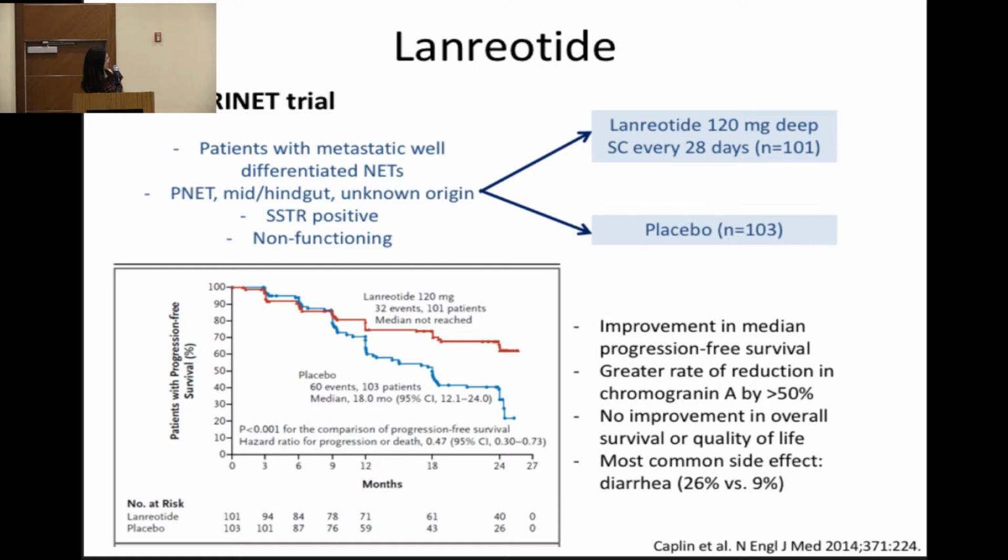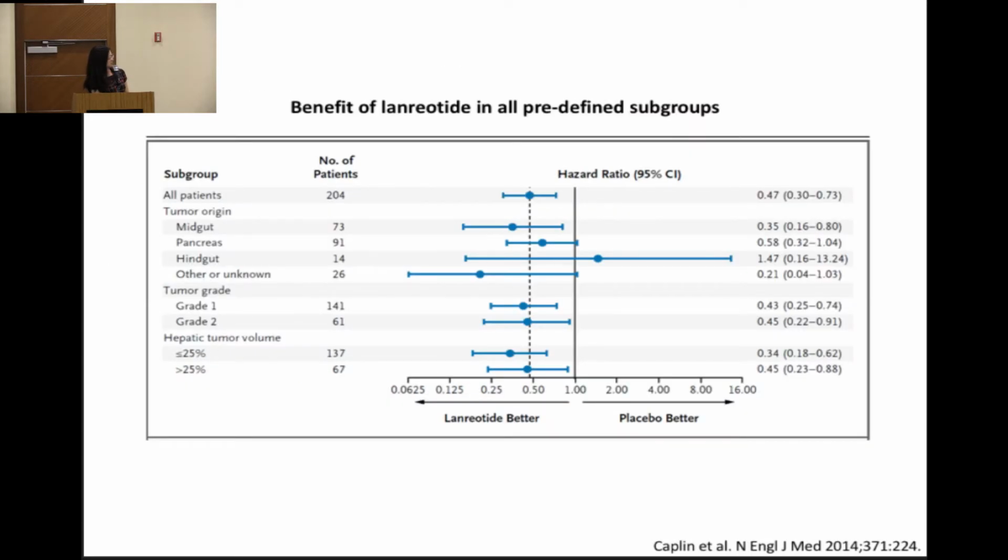The top curve is the experimental arm, patients who received lanreotide, and the bottom curve is the placebo arm. So separation in progression-free survival means there was benefit in the experimental arm. This also illustrates that lanreotide had benefit in all subgroups of patients, regardless of the characteristics of the tumor.